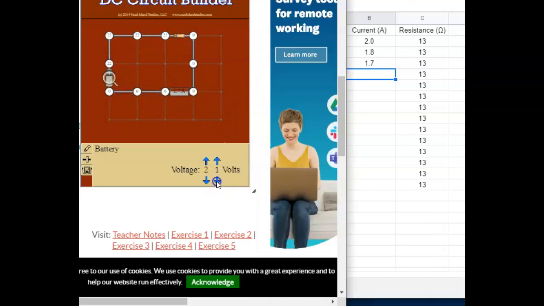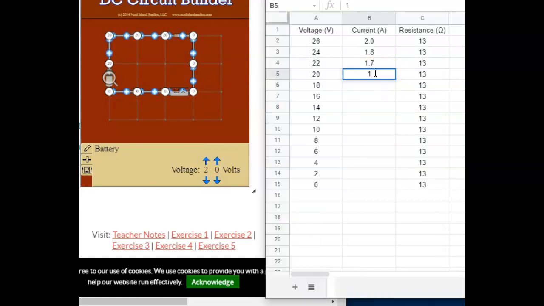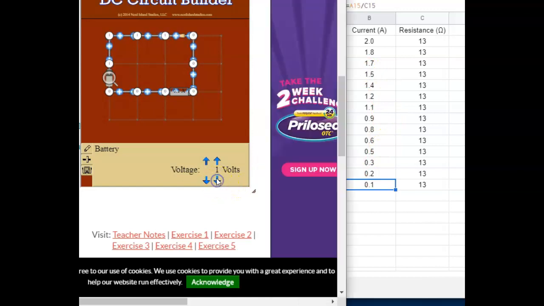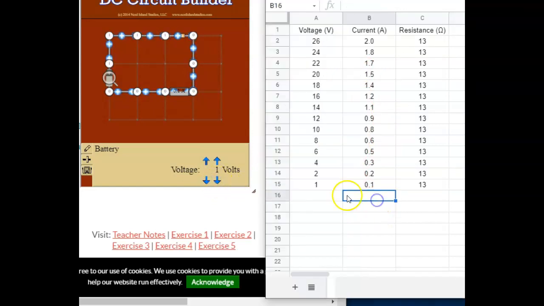Reduce it 2 more, 1.5, and so on. So I put all the data in. Turns out that this will not allow me to go to 0 volts. So my lowest voltage turns out to be 1 volt.